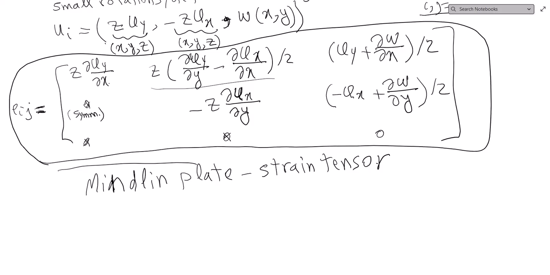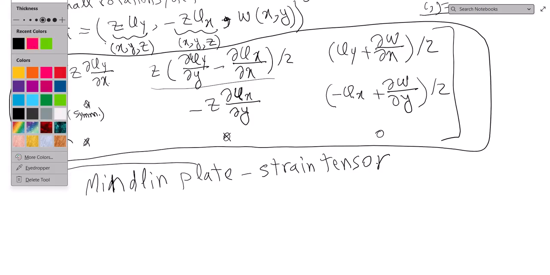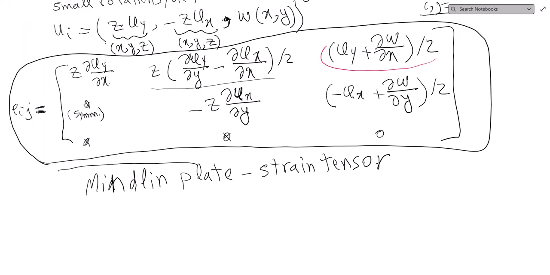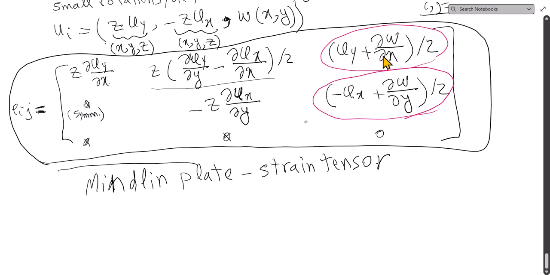So a very important result already shows up, and these are these two quantities here. They are not 0. They are 0 if the bracket is 0, which is the Kirchhoff-Love theory.